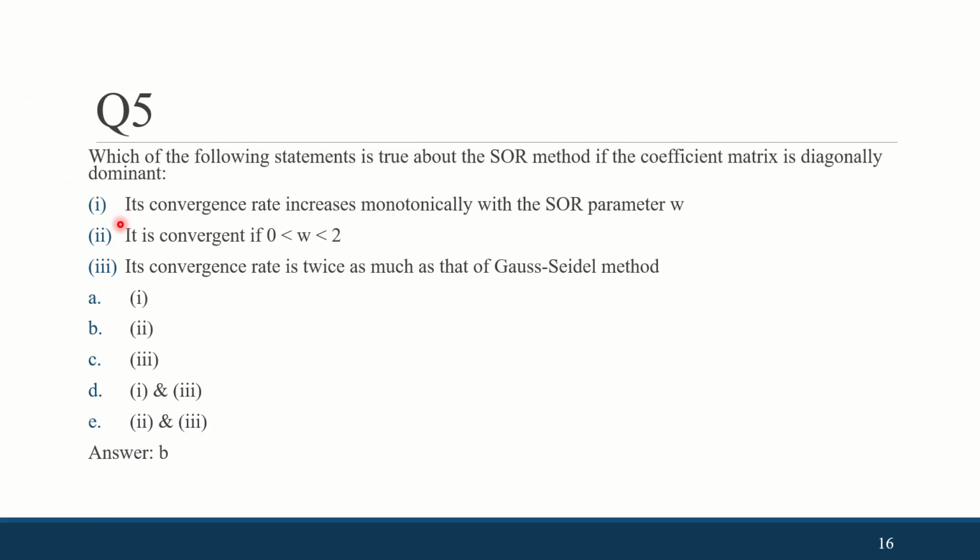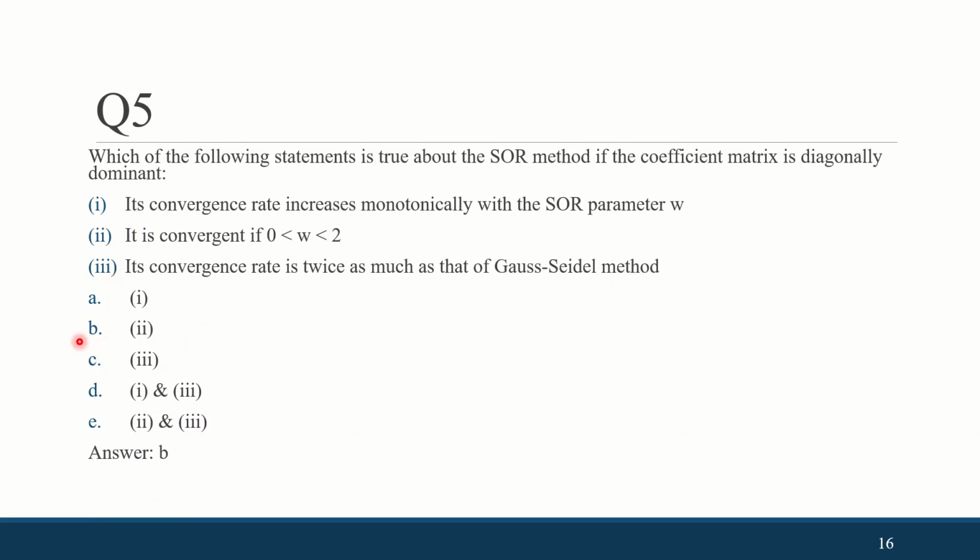So the only option that is correct in this given statement is the second one. It is convergent if omega is between 0 and 2. Going through the answer options: 1 is wrong, basically it's not increasing monotonically with omega. But 2 is right, because it is convergent if omega is between 0 and 2. Its convergence rate is twice as much as that of Gauss-Seidel.